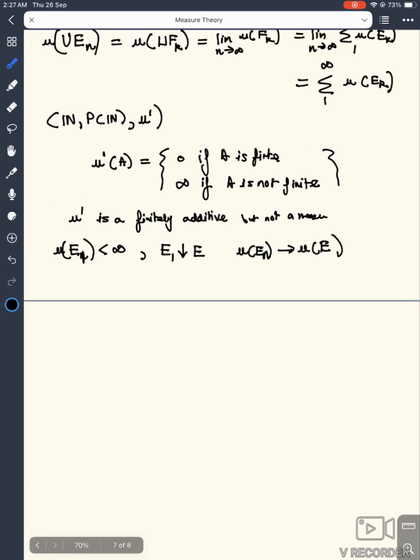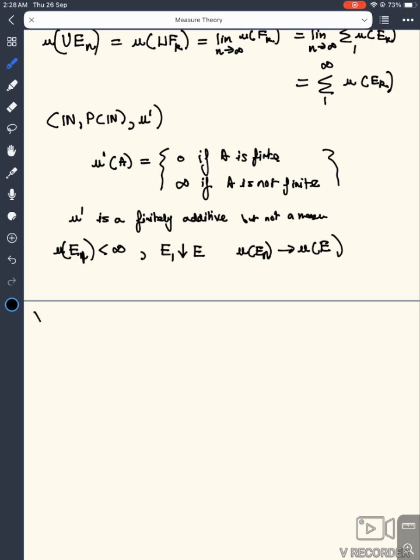And since I have time, since I'm doing a voiceover, let me give a quick hint of how to work with the hypothesis necessary. Take the natural numbers, the power set of natural numbers, and the counting measure, to show why the hypothesis that mu of E1 must be finite is necessary.